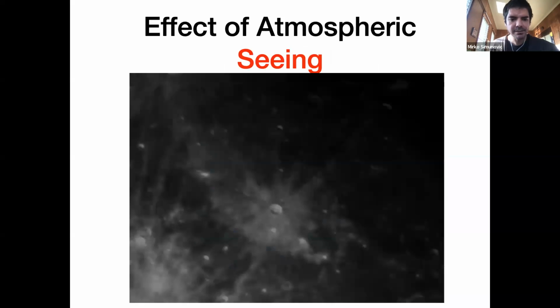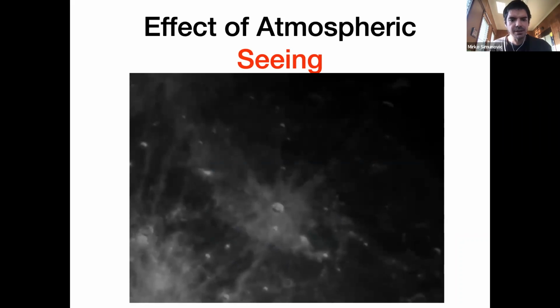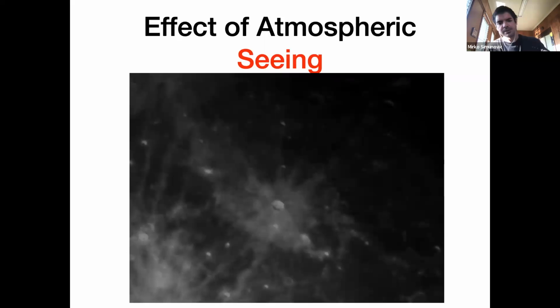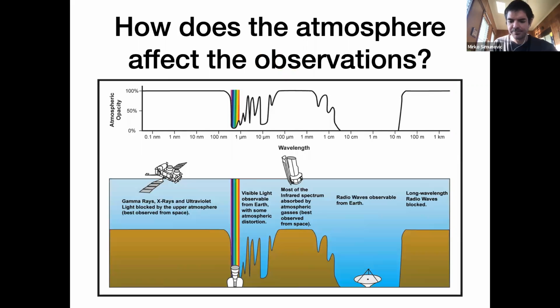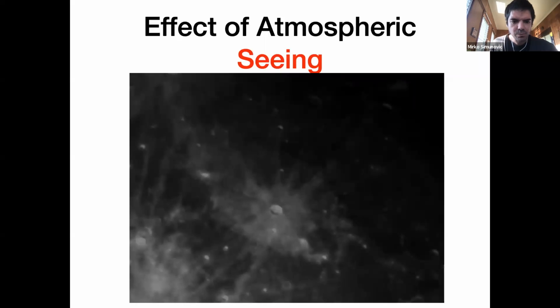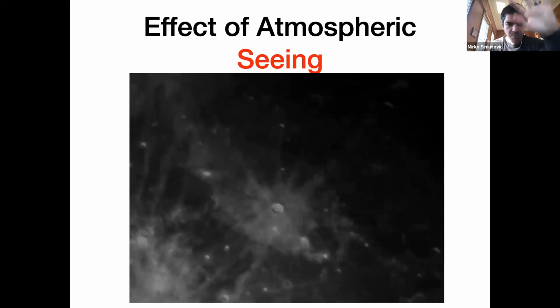So let me just play this video quickly. The fluctuations that you're seeing here, this is an image of the moon, right? Taken with just probably a normal sized telescope. The fluctuations are just due to the fluctuations in the atmospheric layers above the telescope, right? So that's why it looks like it's moving around.